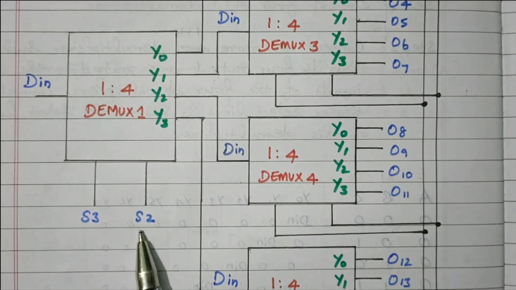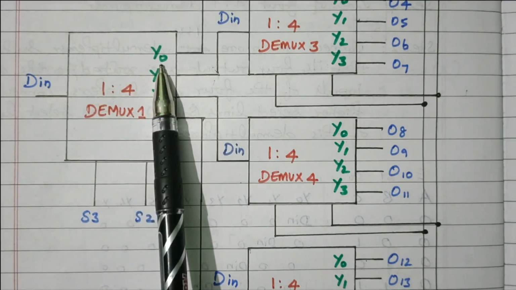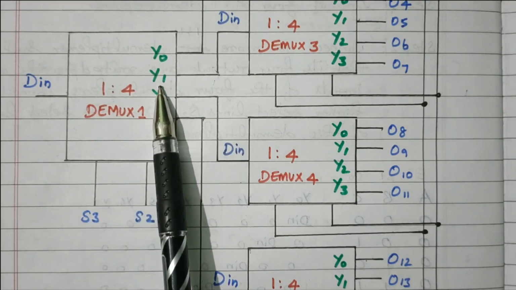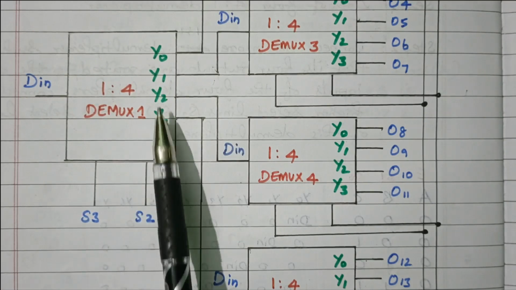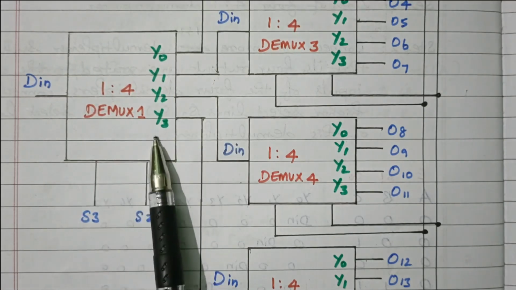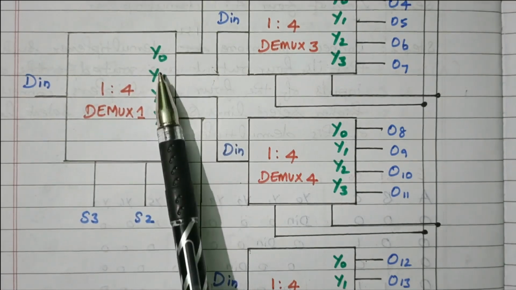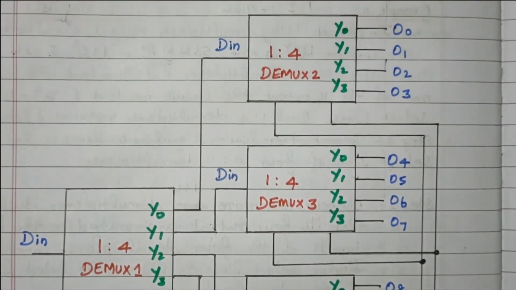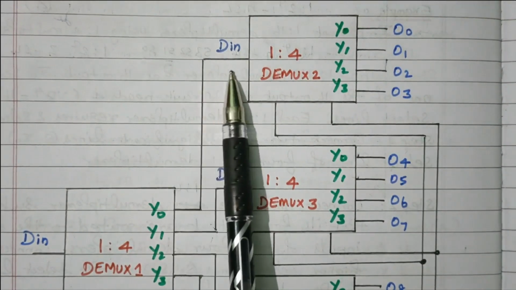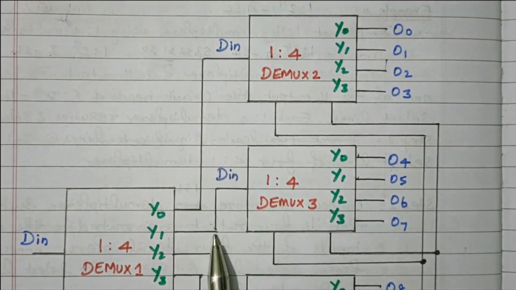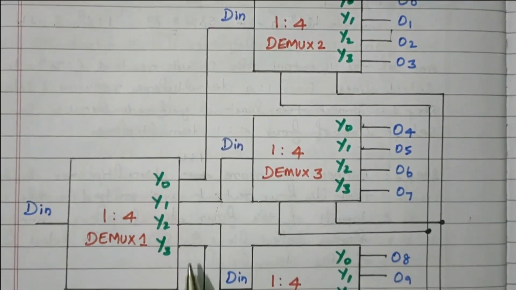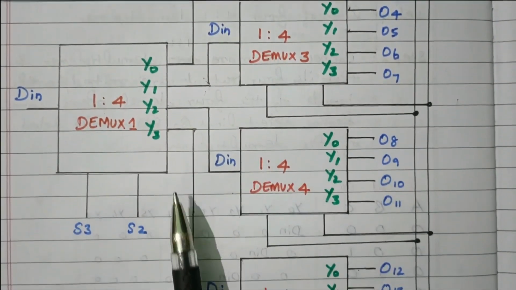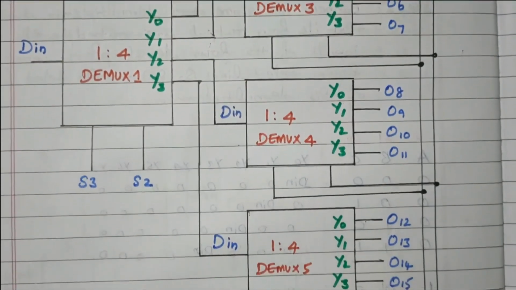Suppose it is 0 0, then the output will be available at y0. 0 1 means output available at y1. 1 0 means y2, 1 1 means y3. Right. So this y0 is connected to dmux2. y1 is connected to dmux3. Then y2 is connected to dmux4. Then y3 is connected to dmux5.